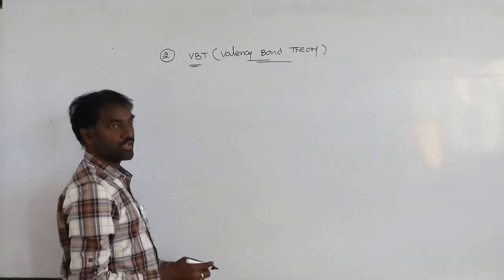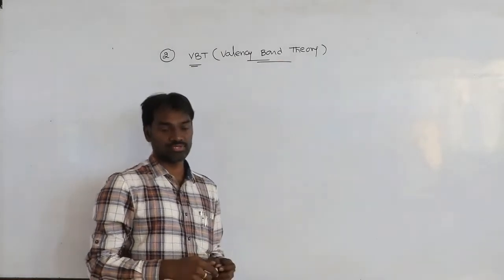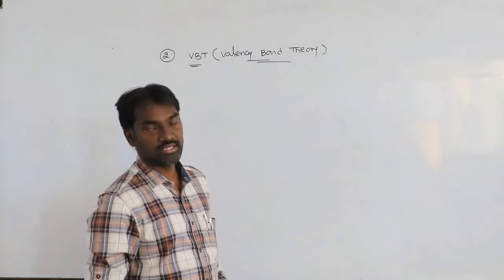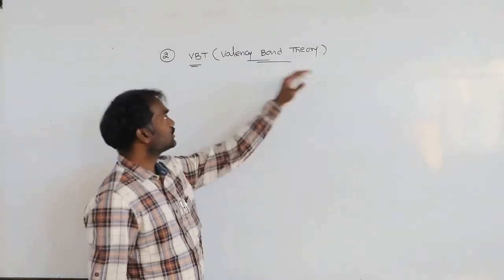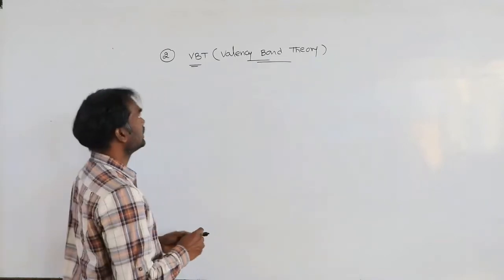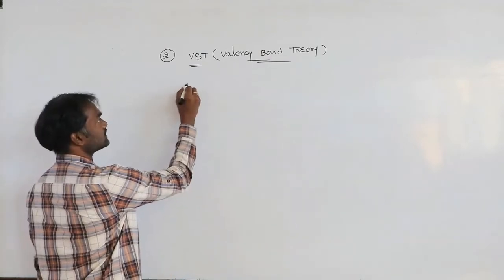Actually, in your chemical bonding for normal compounds, we also discuss Valence Bond Theory. It mainly explains sigma bonds and pi bonds. Here we discuss the points one by one.